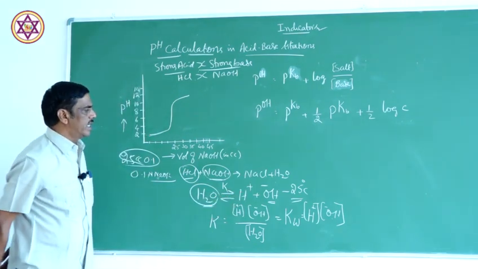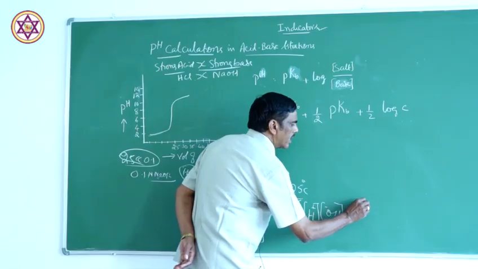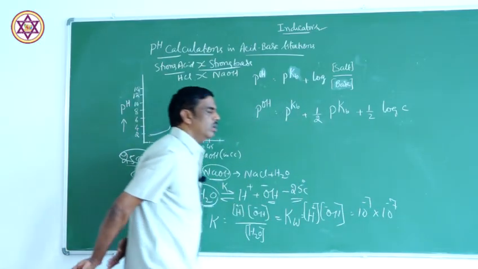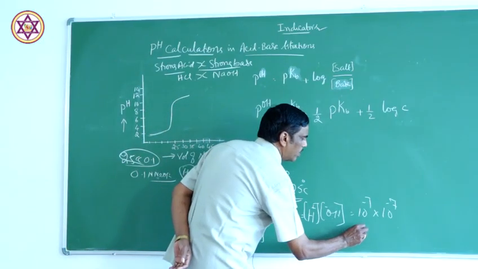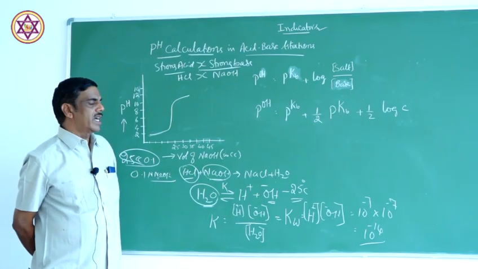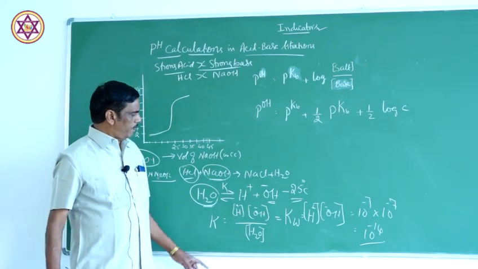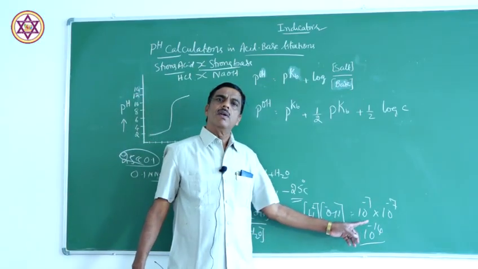Therefore, at 25 degree centigrade, H plus ion concentration is 10 to the power of minus 7 and OH minus concentration is also 10 to the power of minus 7. If you multiply these two, this becomes 10 to the power of minus 14. This is the ionic product of water at 25 degree centigrade: Kw is equal to 10 to the power of minus 14.